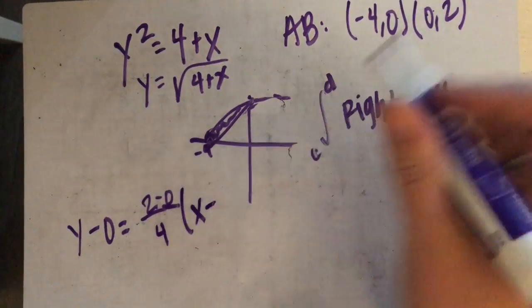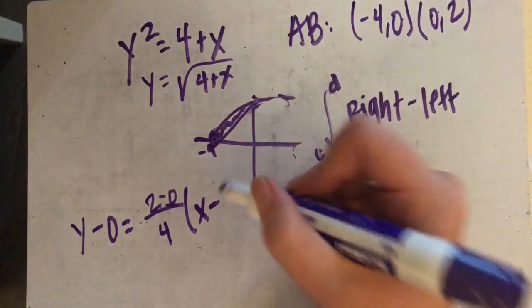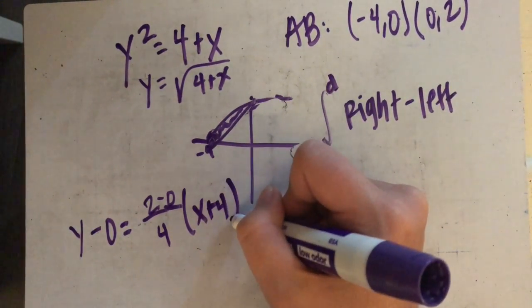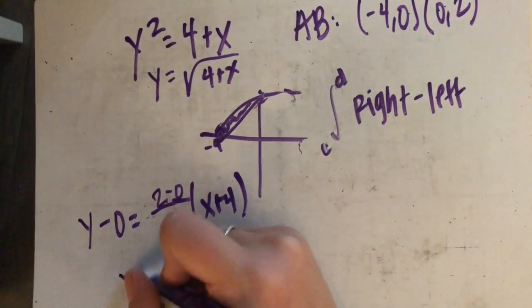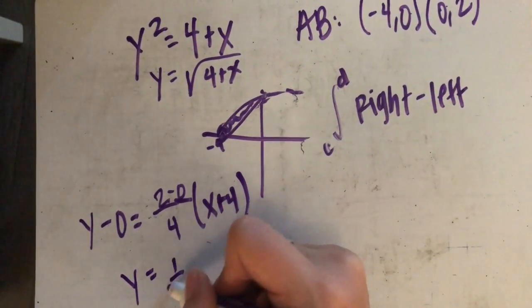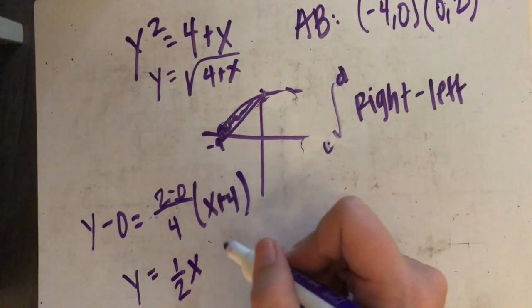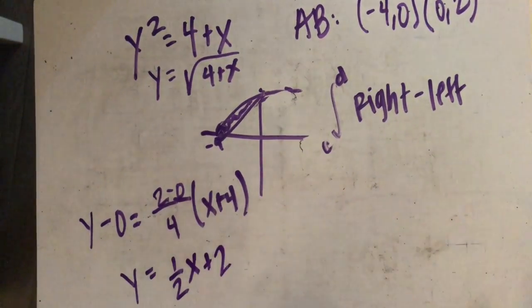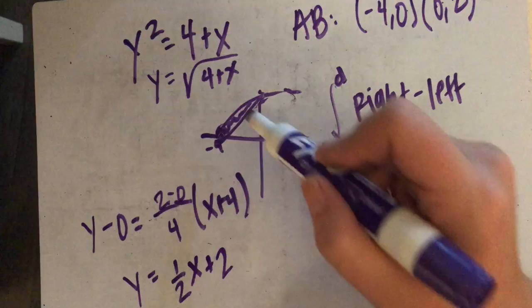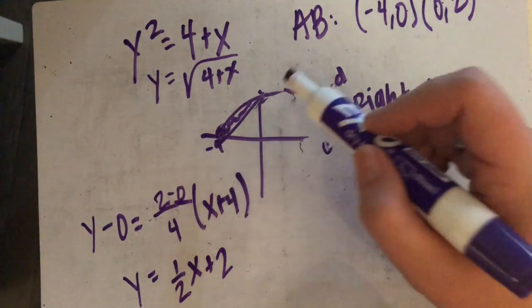And then x minus, I used this point here, so x minus -4, plus 4. So I have y equals 1/2 x, and then that 1/2 gets applied to this plus 4 and gets plus 2. Okay, so that's my equation of my line, of my chord.